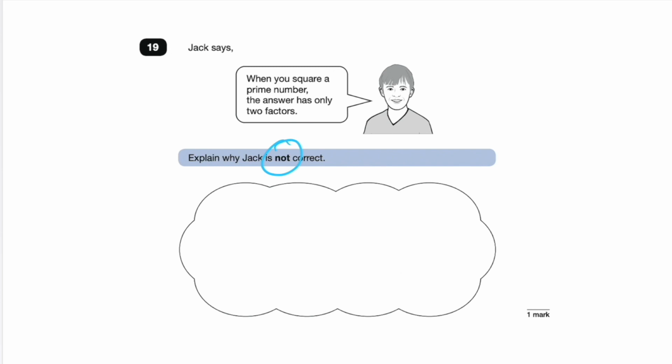Well, first of all, what is a prime number? Well, a prime number is a number that only has 2 factors. For example, 7 only has a factor tree of 1 and 7. There's nothing else that can be multiplied together, no other integers, whole numbers that can be multiplied together to get the answer 7. But Jack has said that when we square this prime number, we will still only have 2 factors.